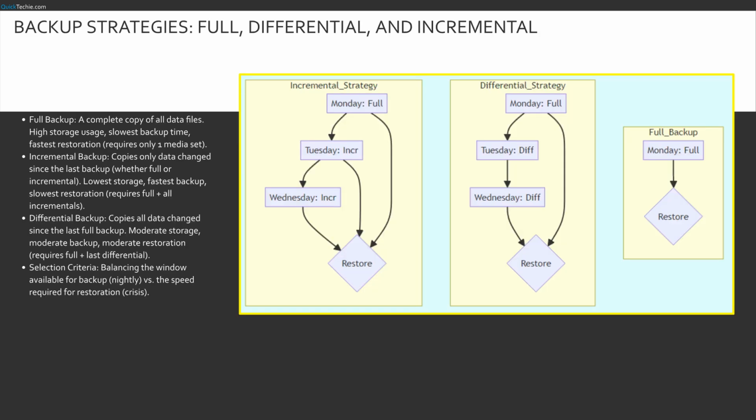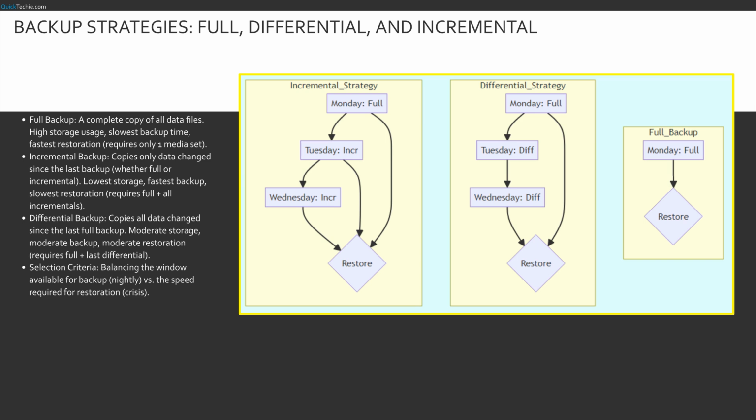Now, let's get technical with the three main backup types. First, the full backup. This captures everything. It's safe, but slow and hungry for storage space. Next, the incremental backup. This is the speed demon. It only copies what changed since the very last backup, making it fast to run. However, restoration is painful because you need the last full backup, plus every single incremental tape since then.